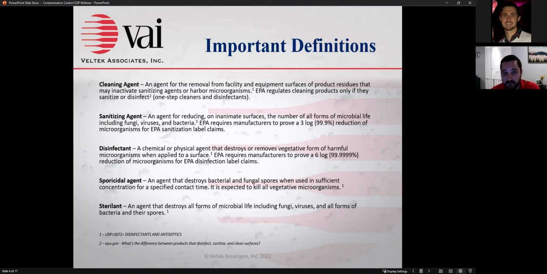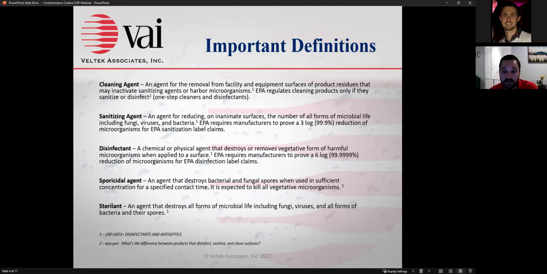A disinfectant is essentially a sanitizer, but kills many more organisms. It removes and kills all forms of harmful microorganisms when applied to a surface. The main difference between a sanitizing agent and a disinfectant is the EPA labeling requirements require a 6-log reduction for that to be on the bottle label.